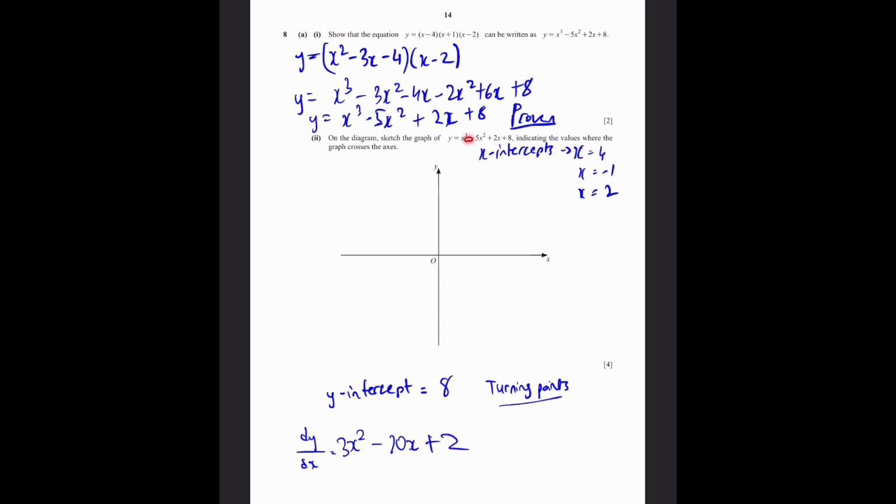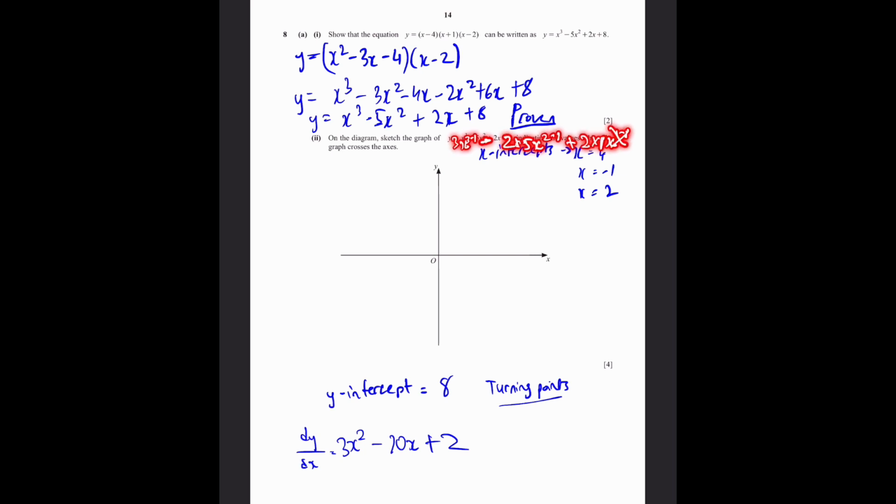Because we bring the power down, 3x to the power of 3 minus 1, and then minus 2 times 5x to the power of 2 minus 1, and then plus 2 times 1x to the power of 1 minus 1, and then we can ignore the constant.